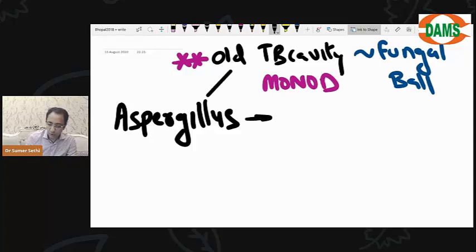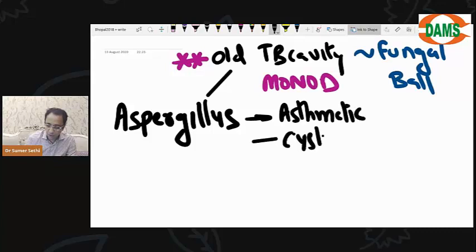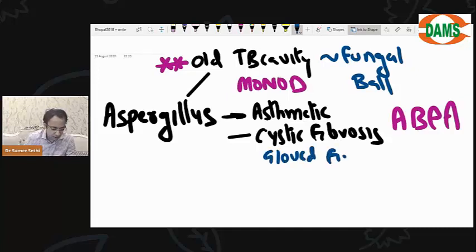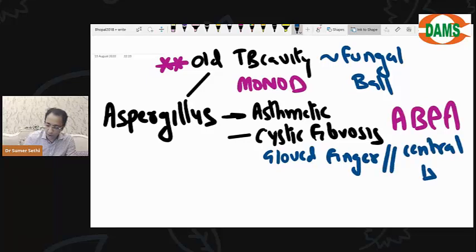Second, very important to know, in patients who are asthmatics or with cystic fibrosis, what can they develop? What did I teach you? These people with Aspergillus antigen will develop ABPA, allergic bronchopulmonary aspergillosis, where we learned these signs like gloved finger and central bronchiectasis.